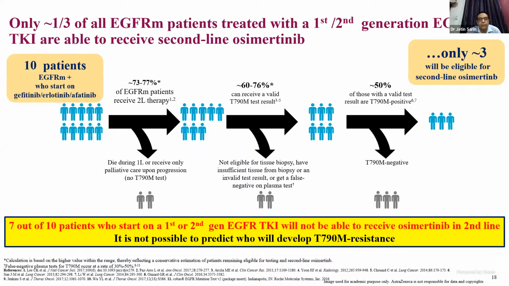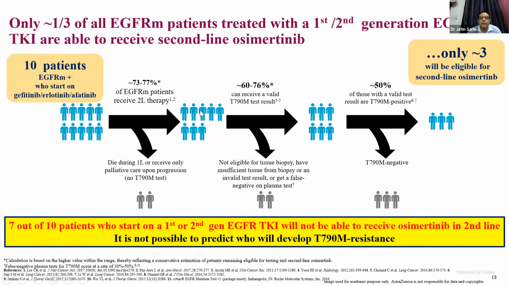So people argue that osimertinib is a very good weapon, and why don't we use it sequentially in the second line? So the argument is that if you start 10 patients with the first or second generation TKI, about 73 to 77% go on to receive second line, 30% drop off and die during first line, or receive only palliative care upon progression.